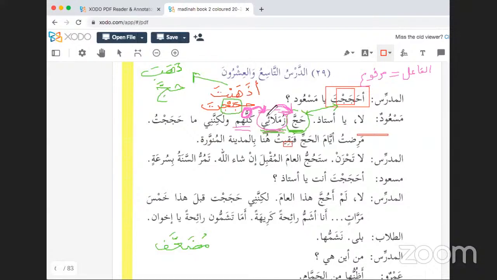Hajja Zumala'i kulluhum. Okay, over here you have a kasra: Zumala'i. So why didn't we say kullihim? Why did we say kulluhum? Maybe we get an answer from other than Habib. Is that possible? No, mamnu' min sarf, ustadh.